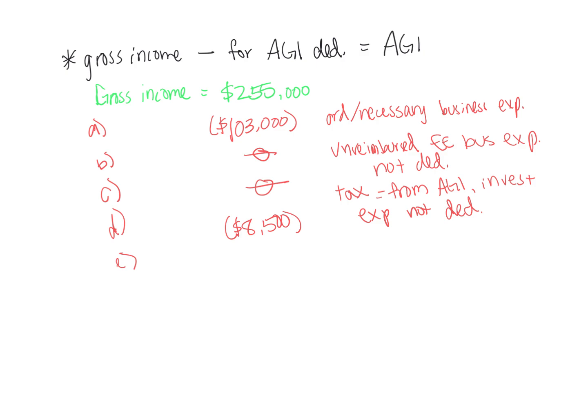So for letter E, the amount that can be considered for AGI deductions is the $4,500 that Jeremy spent on health insurance.